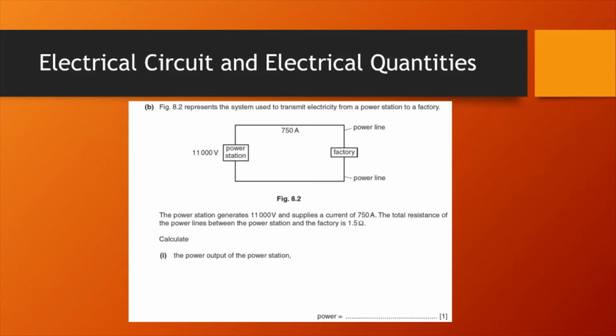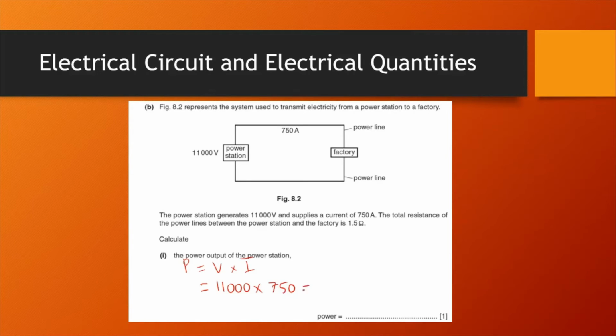To calculate the power output, we use the formula power equals voltage times current. The voltage is 11,000 and the current is 750 ampere.